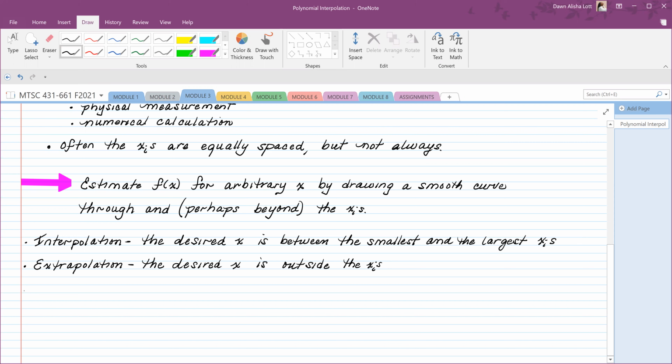So the most common way to model a function is to use a polynomial.